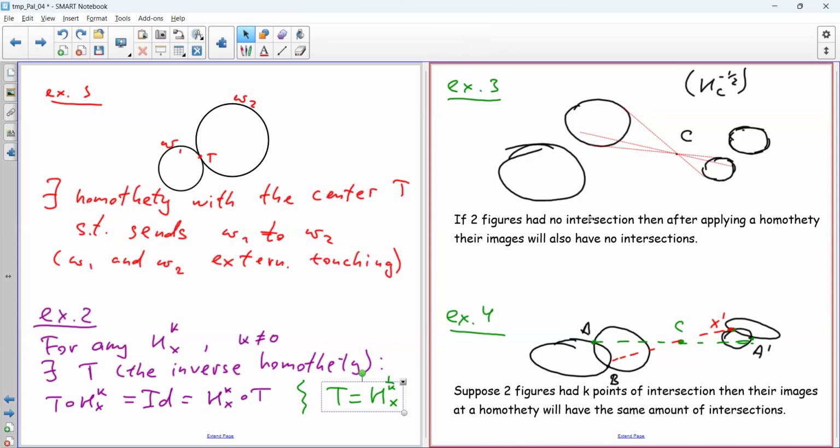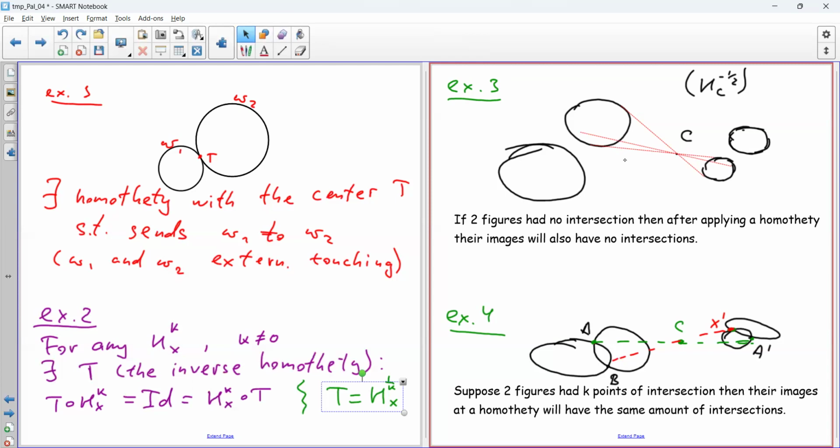But what we do is this virtualization. We imagine that it exists, and if it existed, it would have the following properties. So imagine that the images of these two non-intersecting objects still have an intersection.